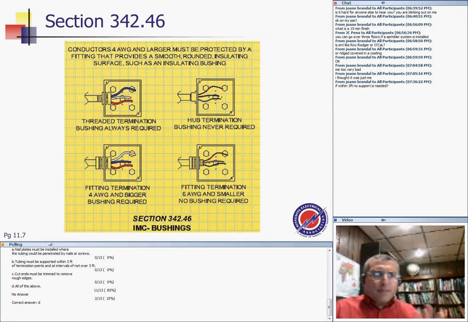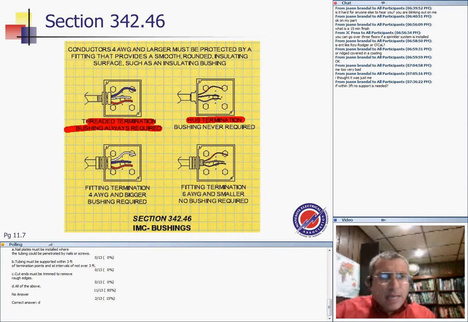Bushings are very important. Bushings, guys, protect the conductors. Let's start with terminals. If you have a threaded terminal, the bushing is always required. If you have a hub terminal, you don't need a bushing at all.